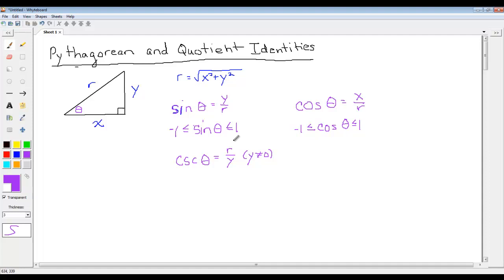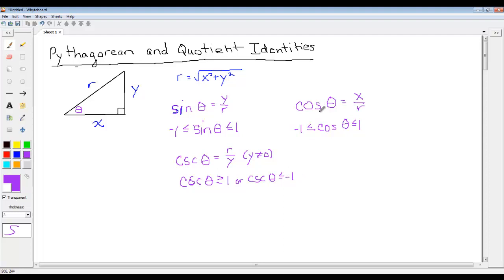Where sine is from negative 1 to 1, cosecant of theta is going to be either 1 or higher, or negative 1 or lower. So it's greater than or equal to 1, or less than or equal to negative 1.